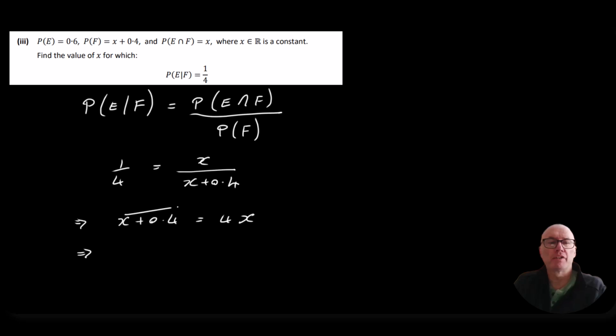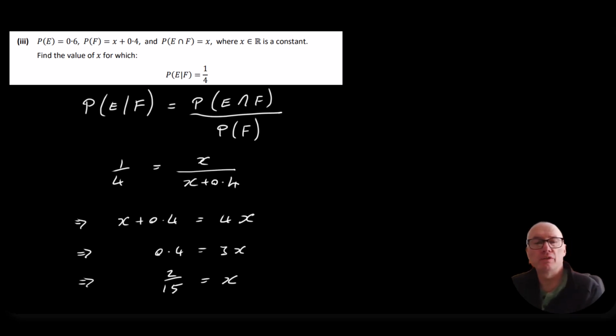Let's bring that x over here, so we have 3x on the right hand side is equal to 0.4. Then divide by 3, you get x is equal to 0.4 divided by 3, which is 2 over 15. And that is all we have to do, just find the value of x. So that was again reasonably straightforward. In this question you needed to know the formula for independent events, for mutually exclusive or non-mutually exclusive events, and for conditional probability.